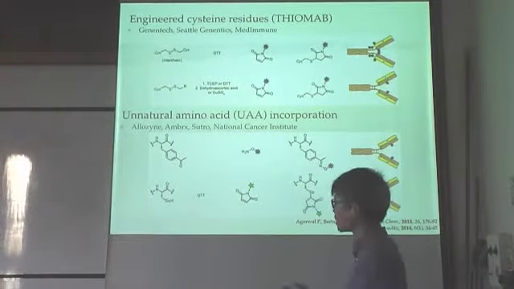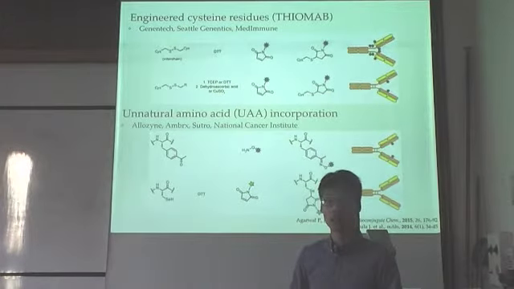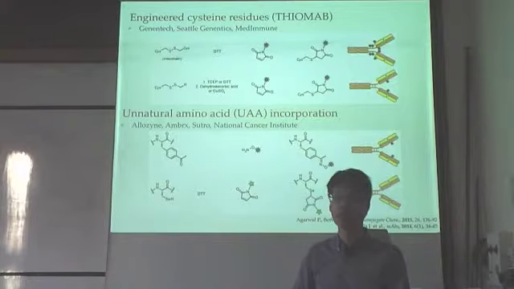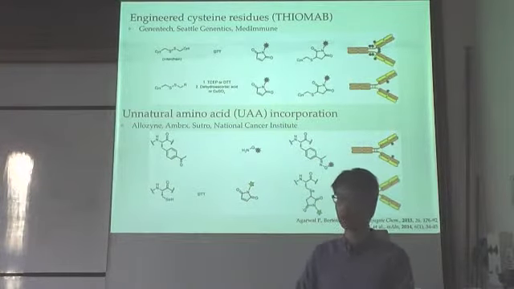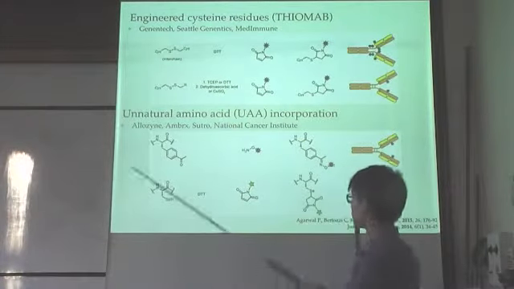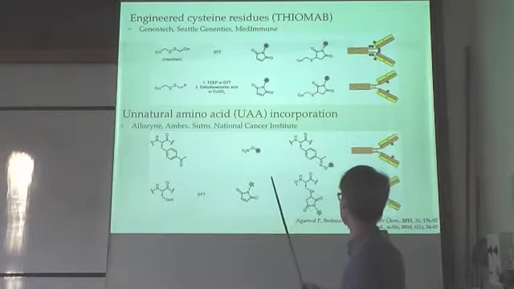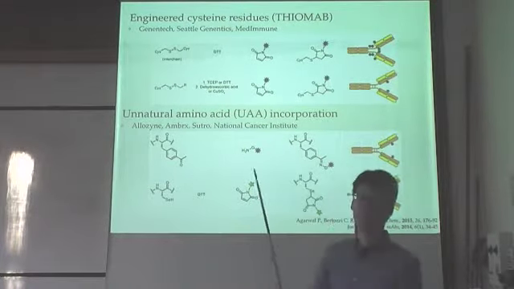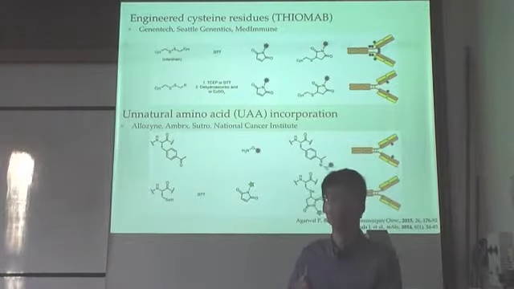So they make use of the translational process of bacteria or animals, and they put in an amber codon suppression system in order to incorporate such a unique amino acid inside. I can give you a few more references later, but probably beyond the scope.